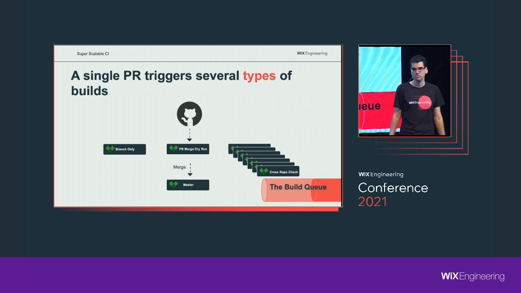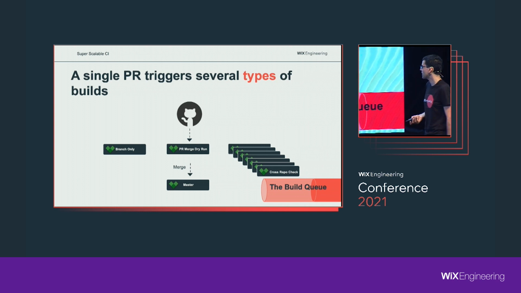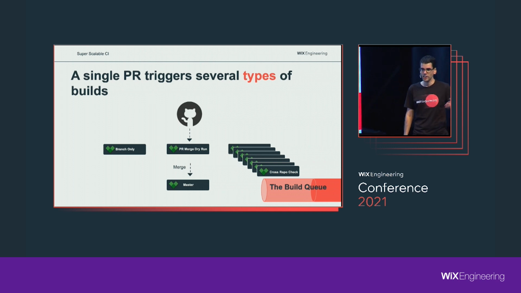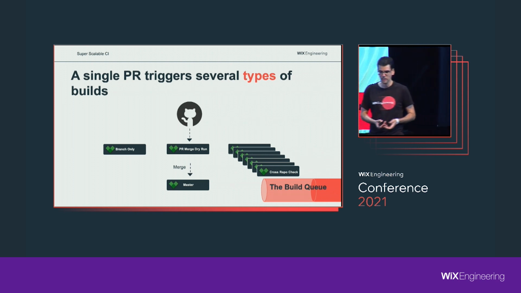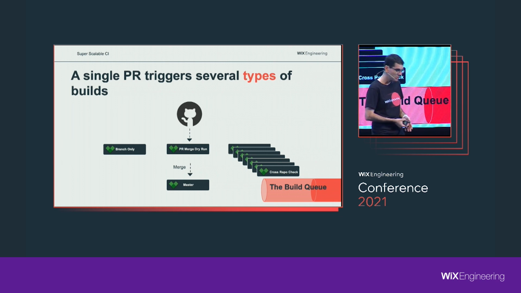The second type is called PR merged dry run. It's a super verbose name for something that is actually very simple. It's just your pull request changes being rebased on top of master, to reflect a build that contains your changes plus the latest from master.